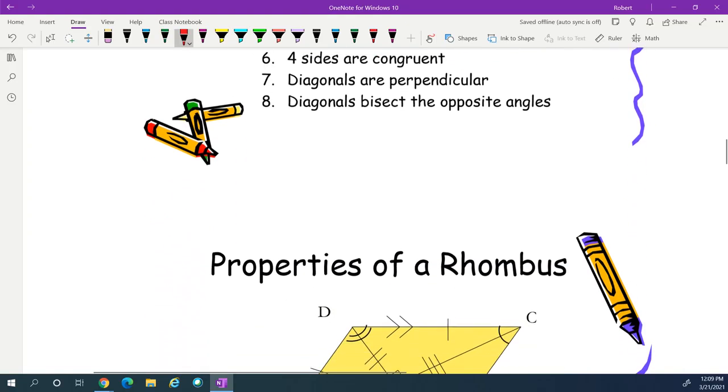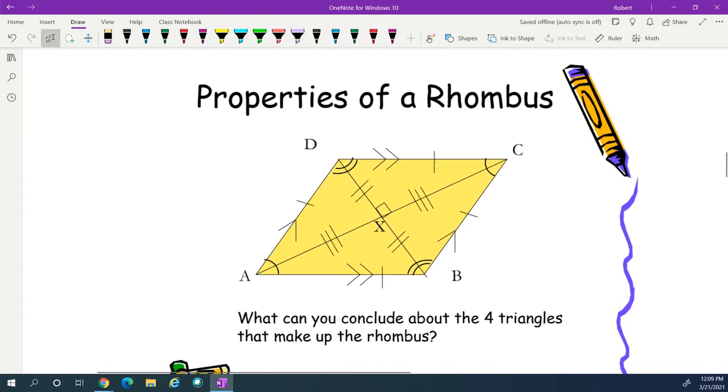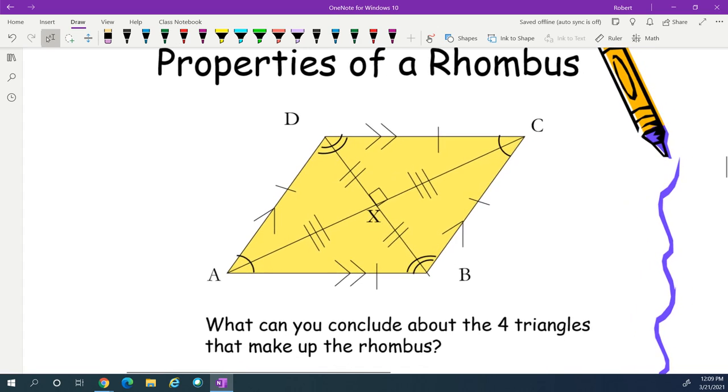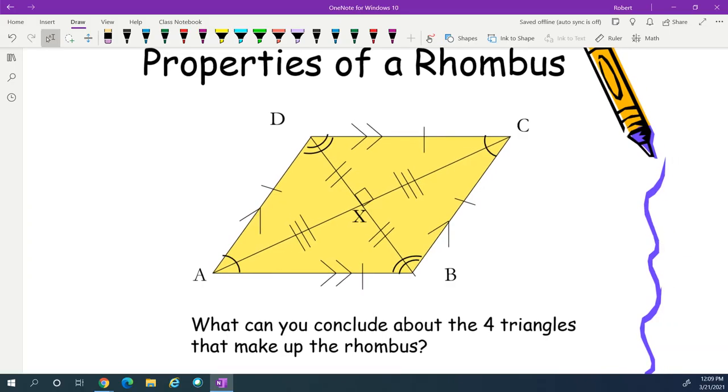So let's take a look at our picture here with all of the properties labeled in. And we're asked, what can we determine about these four triangles that make up a rhombus? We have seen this kind of question before. Well, we have four scalene triangles. In fact, more specifically, we have four right scalene triangles. In a parallelogram, they were scalene.